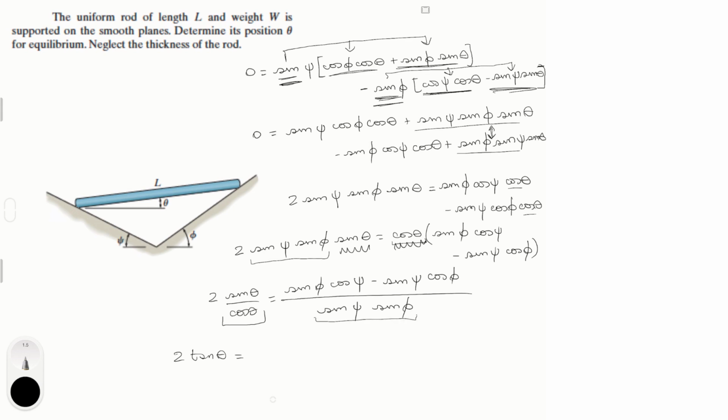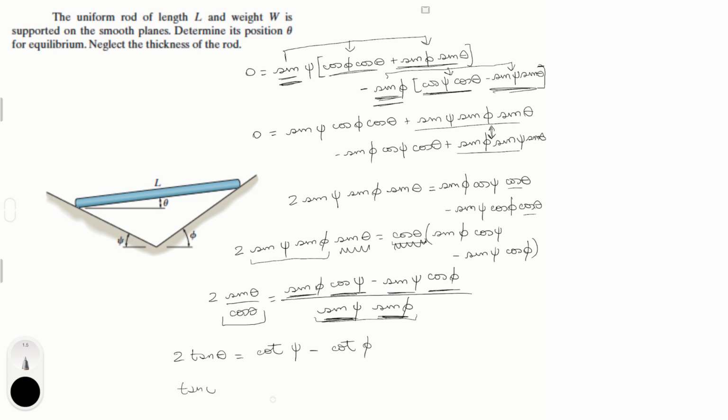If I divide the first one, sine of phi divided by sine of phi goes away, and then you have cosine of psi divided by sine of psi, which is cotangent of psi. And then for the second one, minus, sine of psi over sine of psi goes away, and cosine of phi over sine of phi is cotangent of phi. Starting to look a little prettier now. We're almost there.